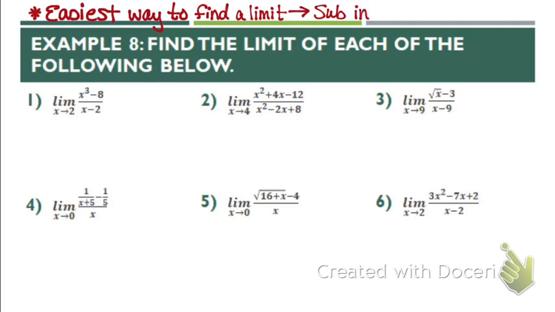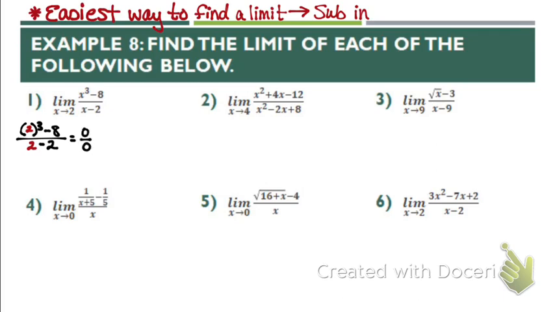So let's do that on part A. I'm going to have 2 cubed minus 8 over 2 minus 2. What happens? I get 0 over 0.